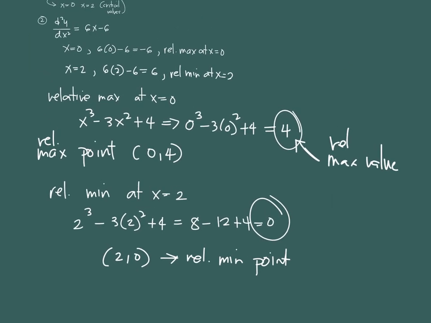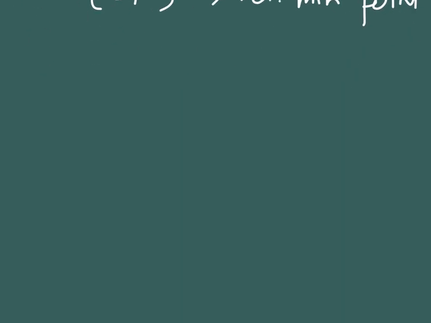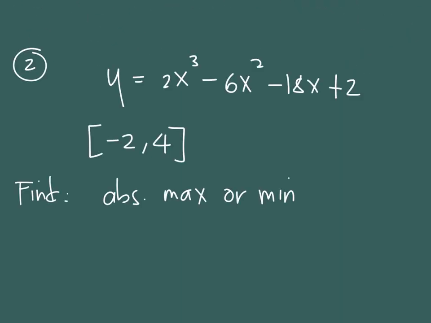And then we go to the second one. In the second one, you are given y equals 2x cubed minus 6x squared minus 18x plus 2, but the domain for this will be restricted to negative 2 to 4. Meaning to say, if you will be graphing this function, we will be graphing it only from negative 2 to 4.